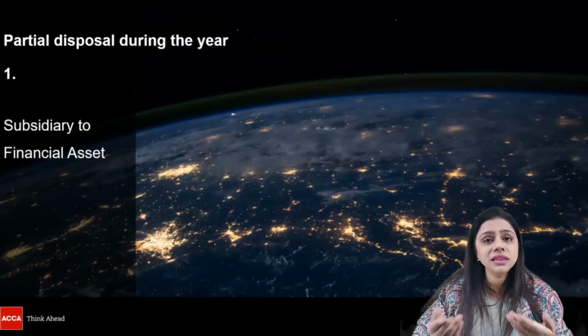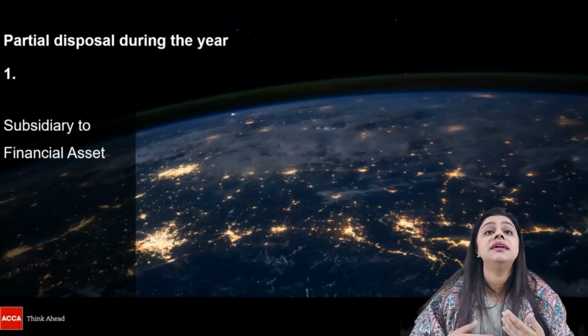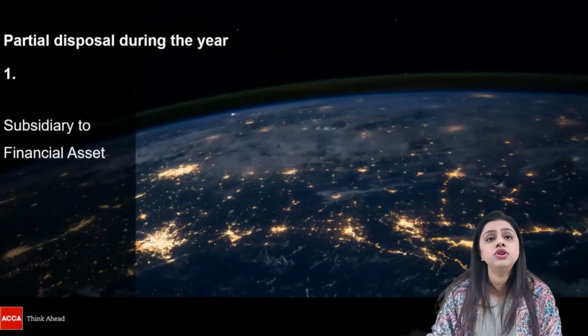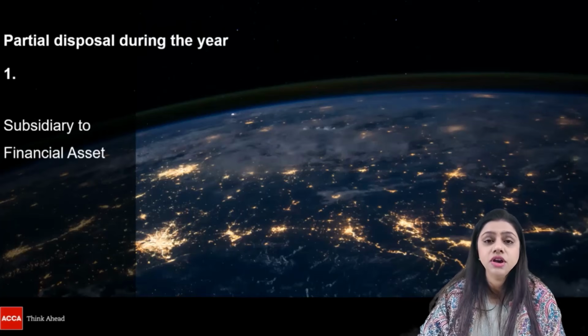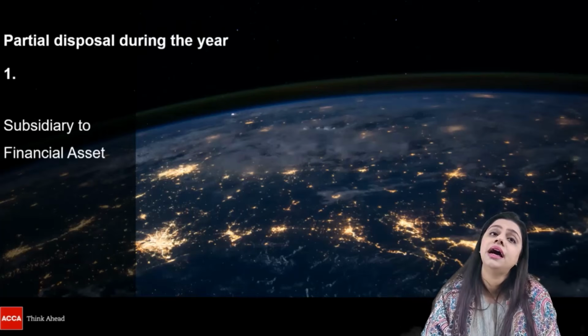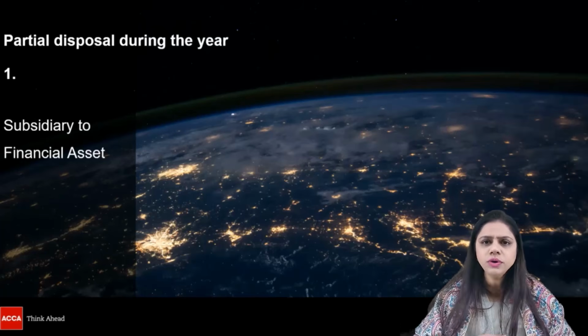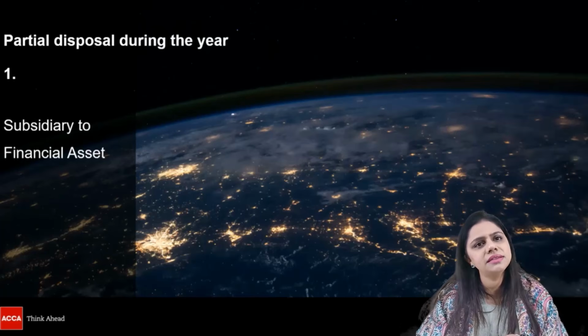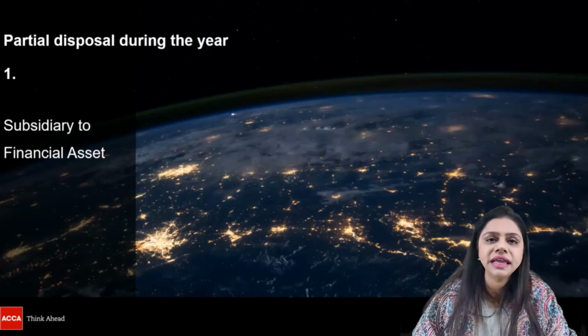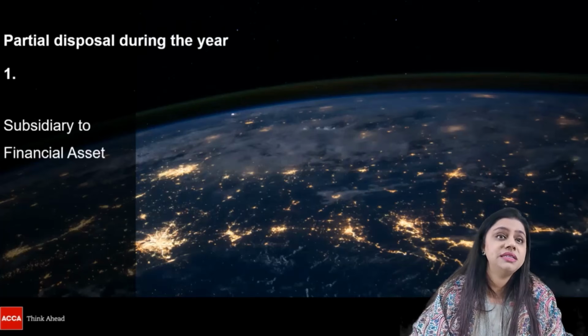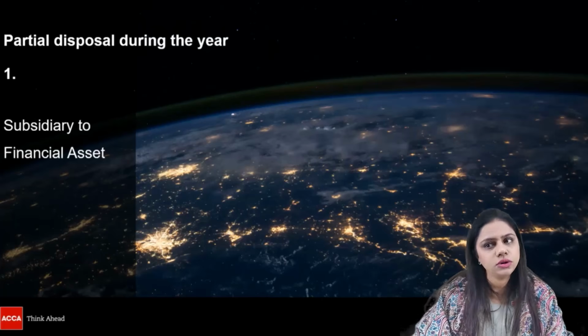We do all the consolidation procedures that are there for the subsidiary for those 3 months. And then what do we do for the remaining 9 months? For the remaining 9 months, now we are going to apply IFRS 9. If we have an investment for 9 months, we then identify whether it is being held at fair value through P&L or OCI.